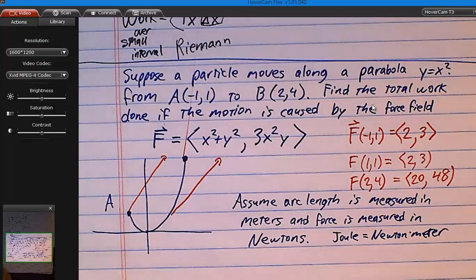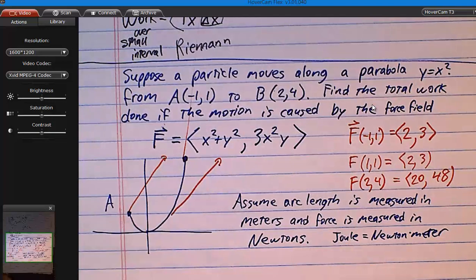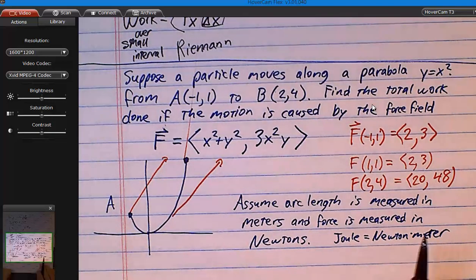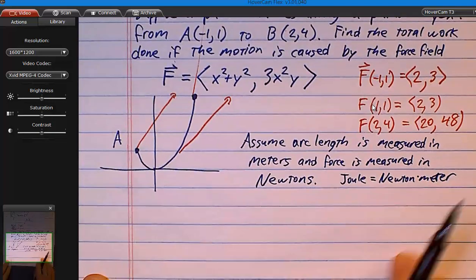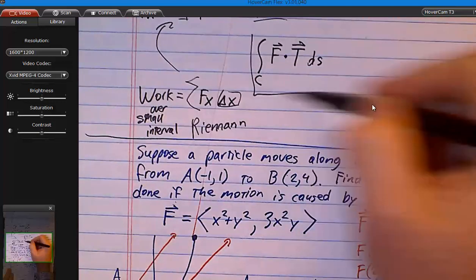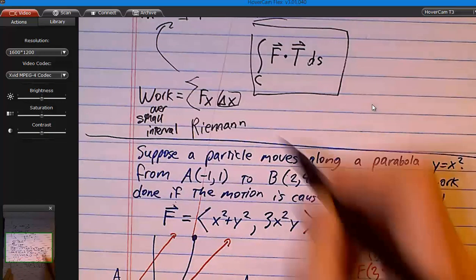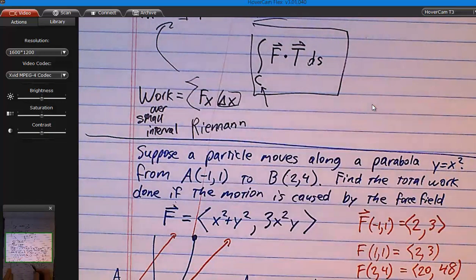All right, so how do I do this? Well, one thing that would help is if we parametrized the curve. This is important, right? We have the initial form up here. We can just do F dot T, but I'll need a parameterization of the curve.